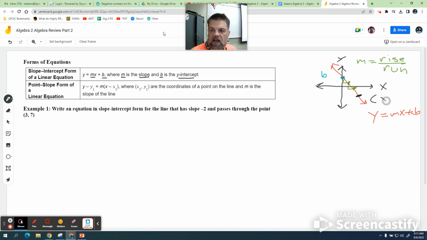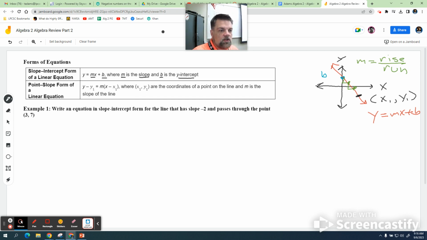I can think of that x value as x sub 1 and y sub 1. Subscript notation is saying this is one xy value, just one. You could have x sub 2, y sub 2. You could have x sub 3, y sub 3. That's just saying this is the first set of x and y. This is the second set of x and y. And so the question is, just kind of a review.